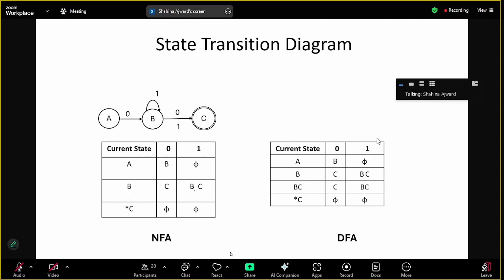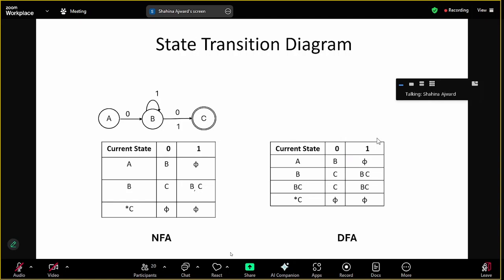We have to think about every possible transition, right? So there are so many conditions to be satisfied. But designing an NFA is very easy. So what we do is we design the NFA and convert it to a DFA, right? That's how we usually do it.